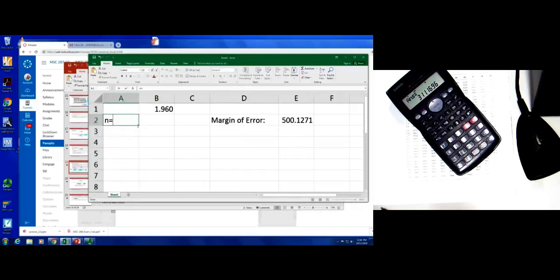And 311 is larger than 500. Now, what about 312?